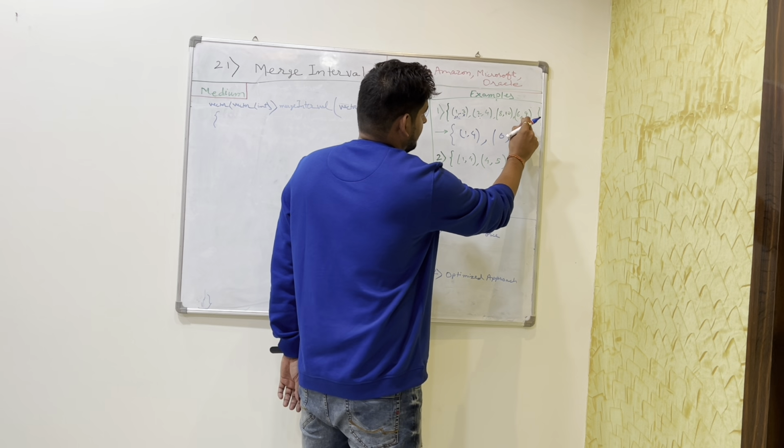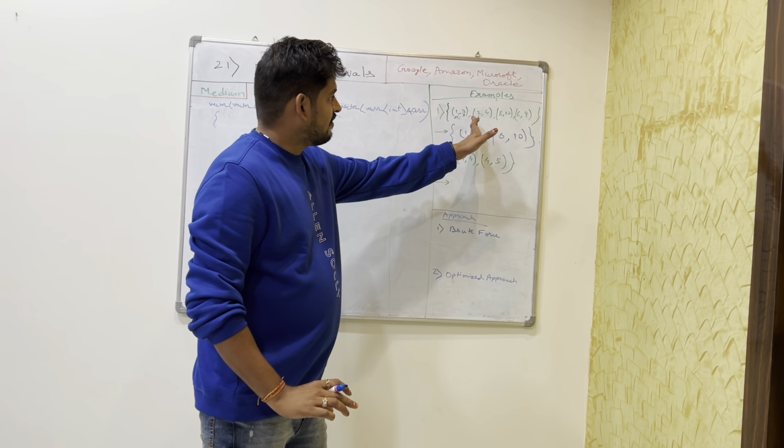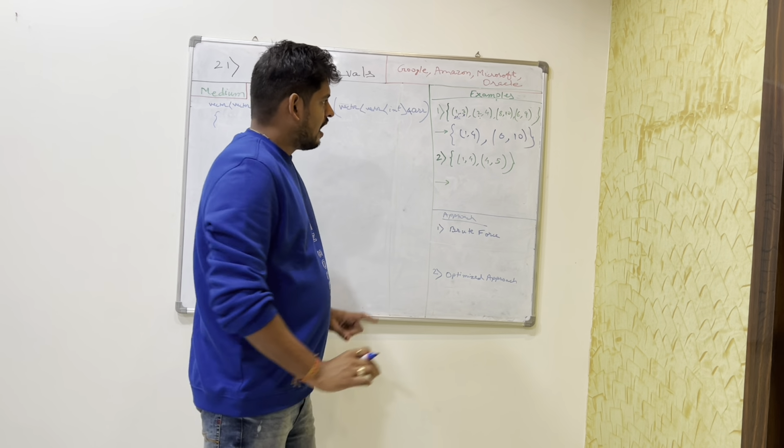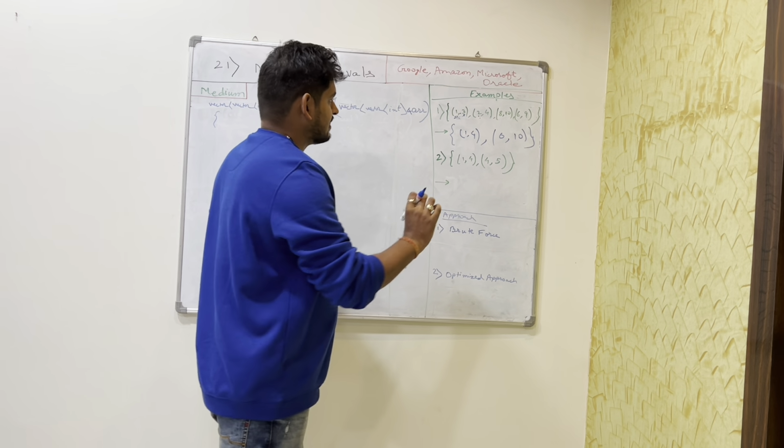So we get the idea that whenever we solve this problem, we need to sort the values. Otherwise we won't be able to find the overlapping intervals.